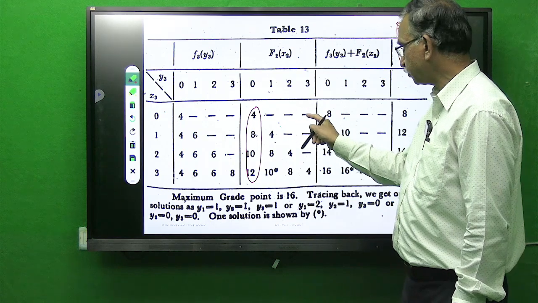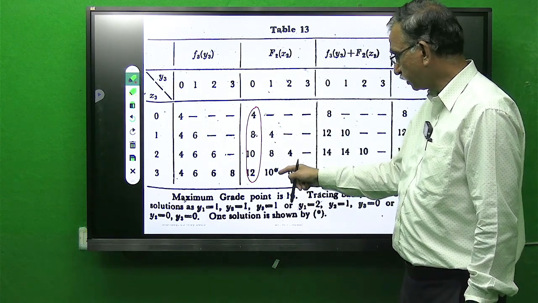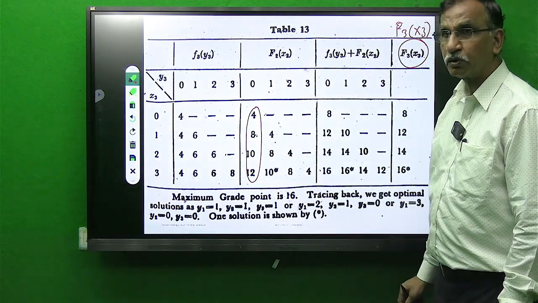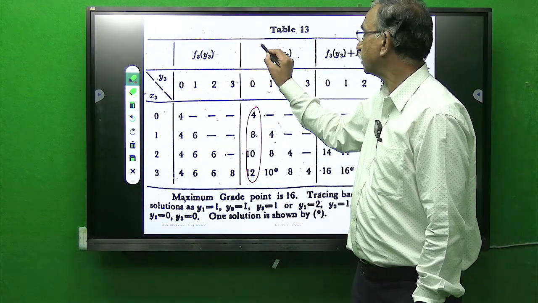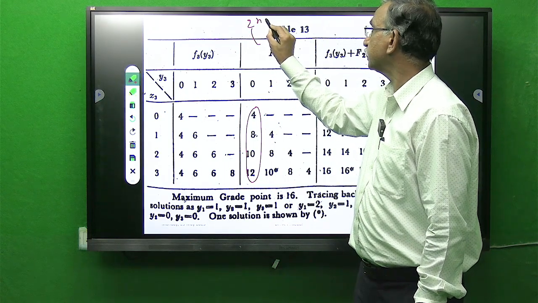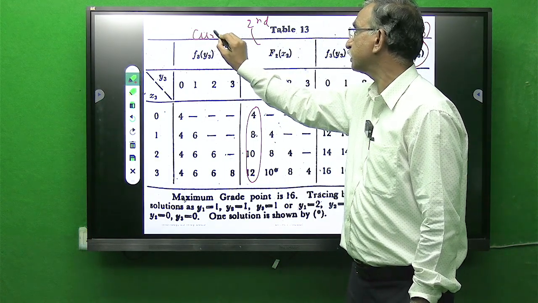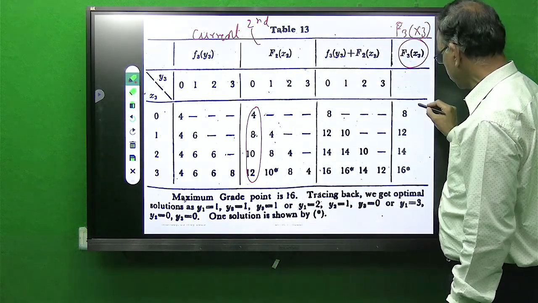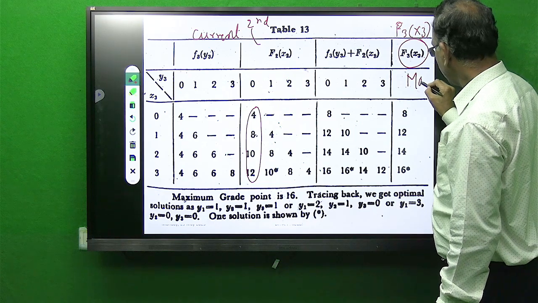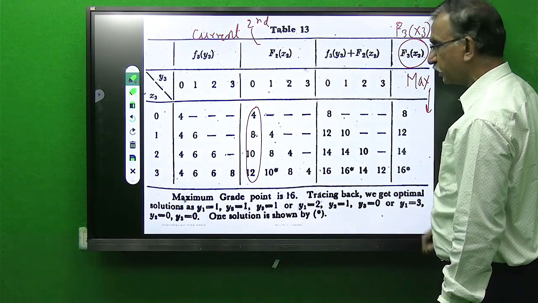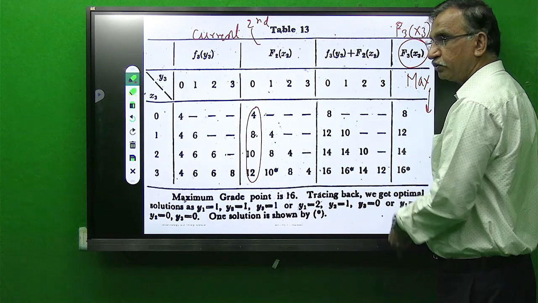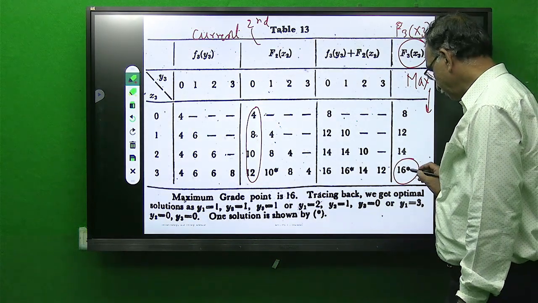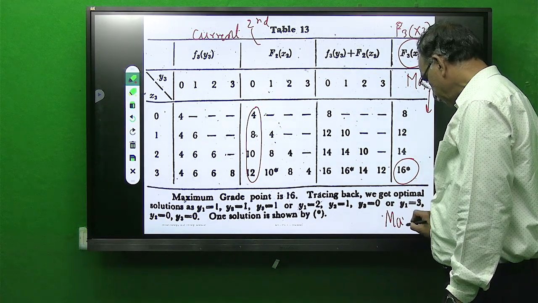As dash place, we have to place dash values, then current followed by repeated values for current locations, and this is from second stage, this is from current stage, and based on addition of these two we get this last column. And in this last column we are interested first in all maximum values, then we have selected this value as maximum value. So maximum grade point for this student is 16.